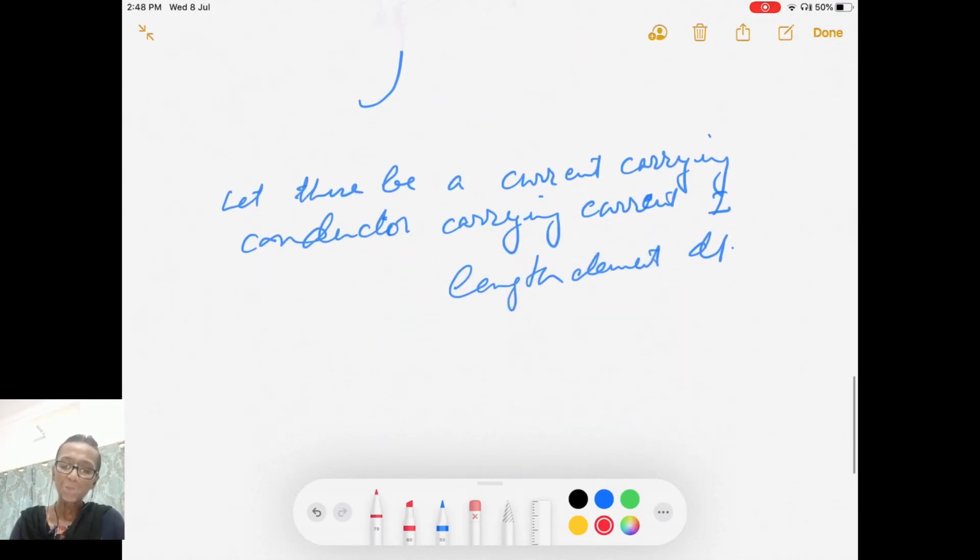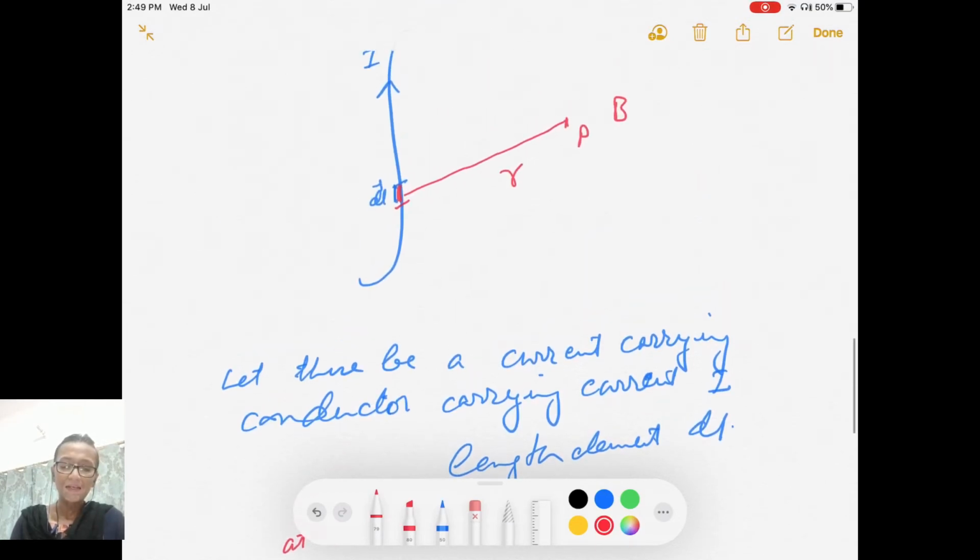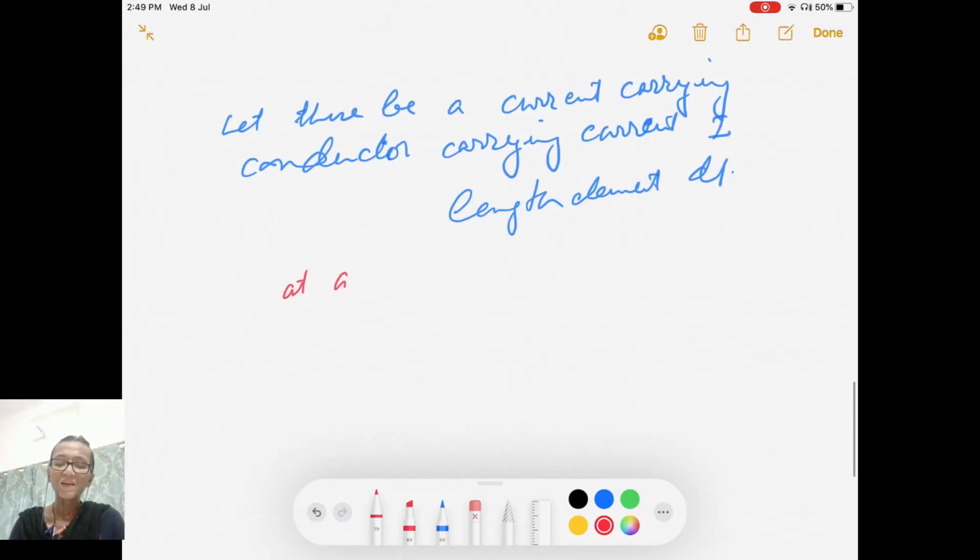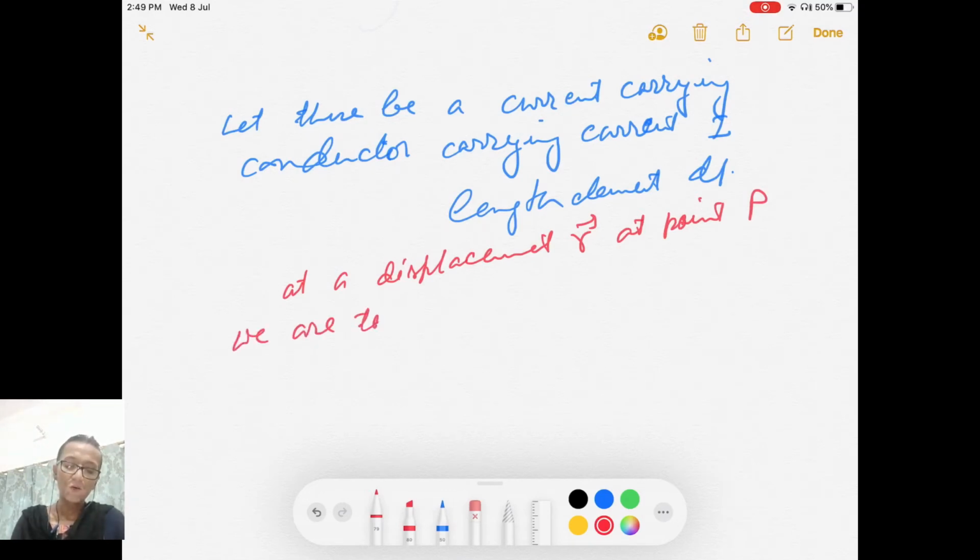At a displacement vector r, at point P, we are to find the magnetic field B due to the whole current carrying conductor.